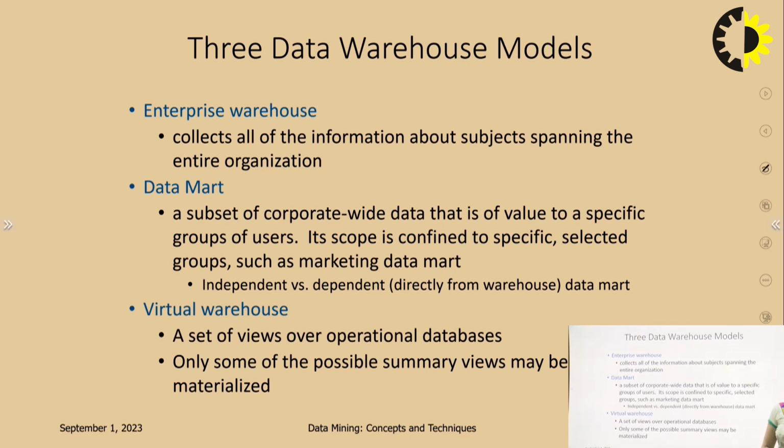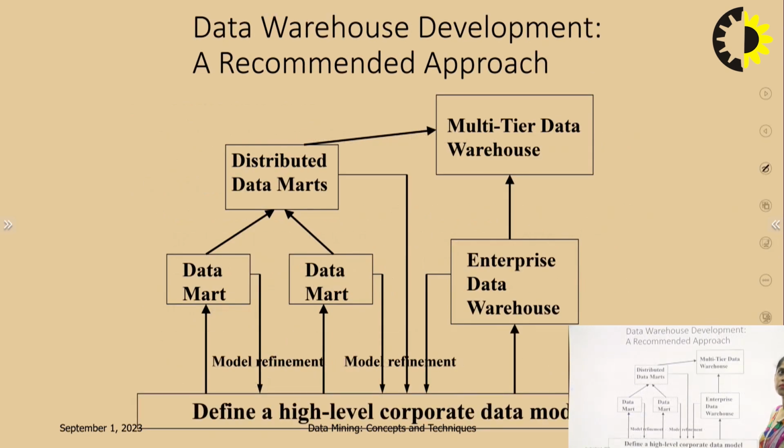Next is independent, directly from the data warehouse or data mart. Virtual warehouse: we have a set of views over operational databases, and only some of the possible summary views may be materialized.